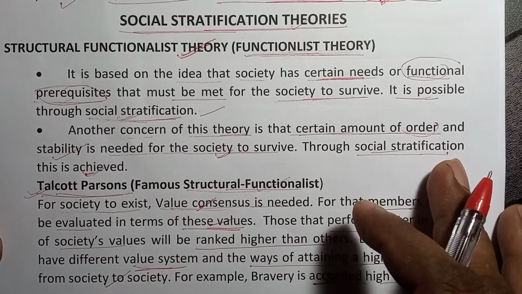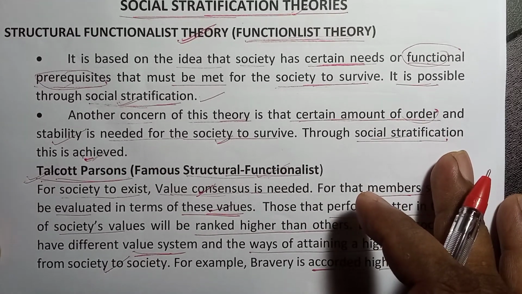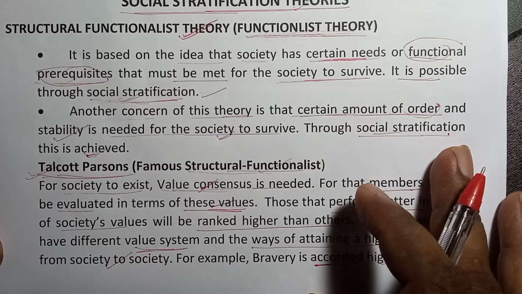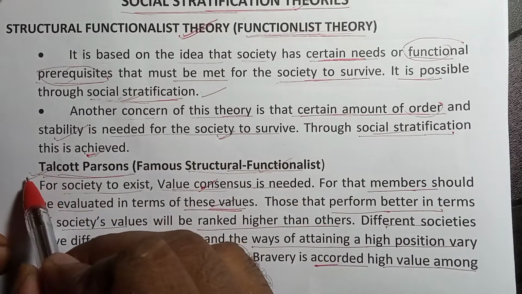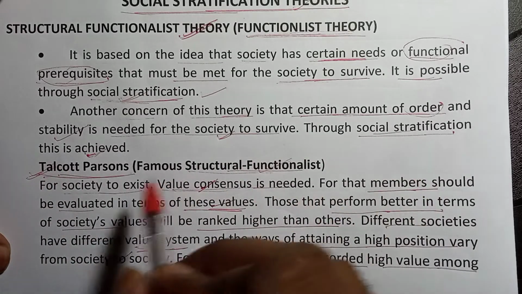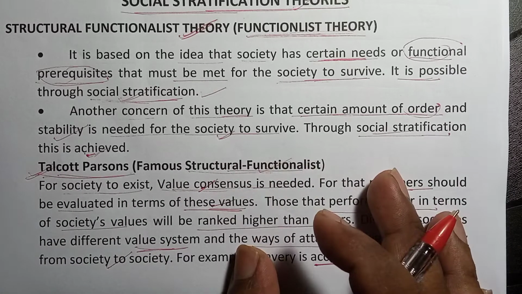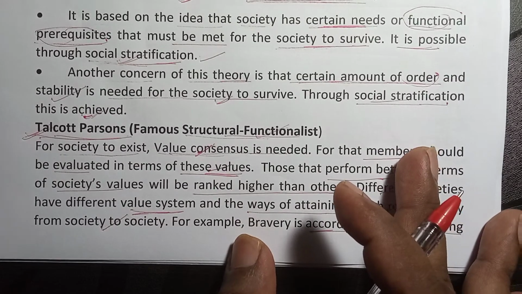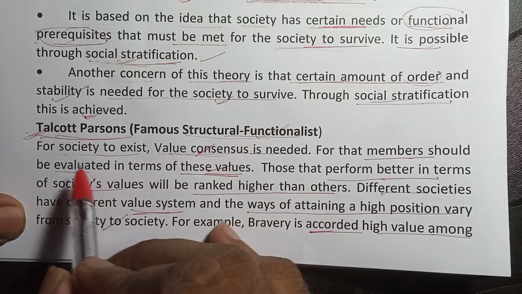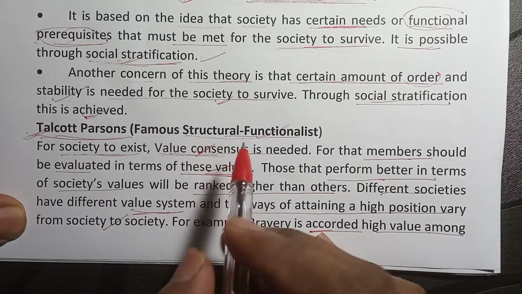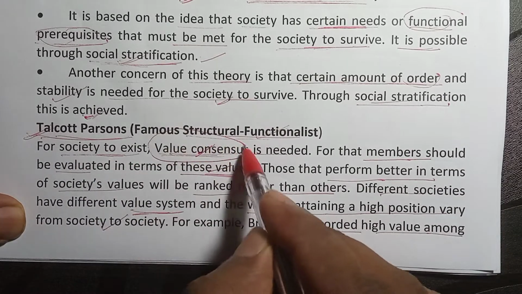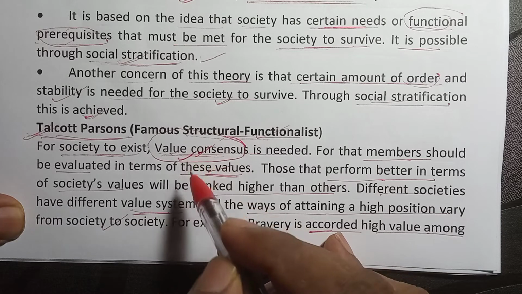So now let us see the major structural functionalist theorists. The first major theorist is Talcott Parsons. What he argues is, let us see. According to him, for society to exist, value consensus is needed. So Parsons is talking about value consensus.